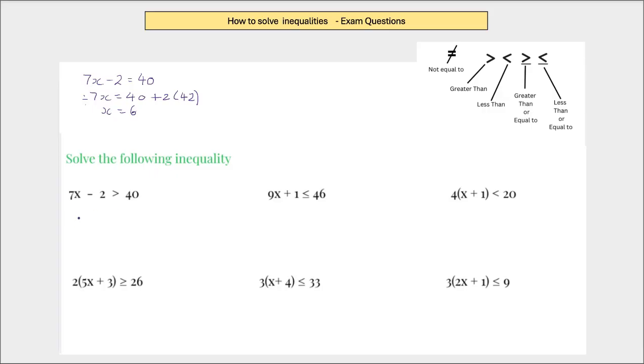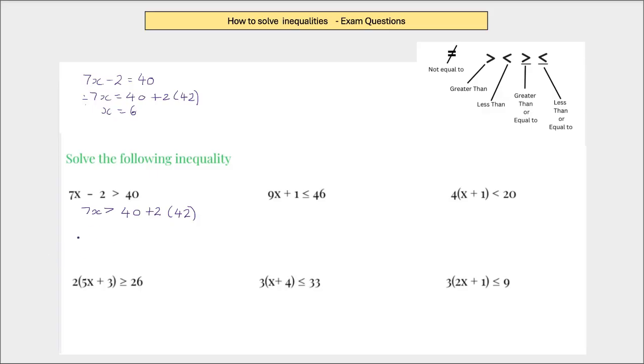So let's repeat that, but with the inequality sign. So we're going to go 7x minus 2 is greater than 40. 7x, greater than sign. Take that over. Plus 2 is 42.